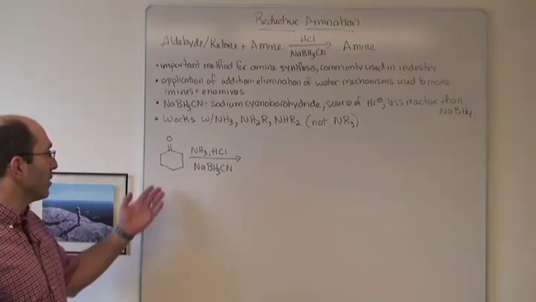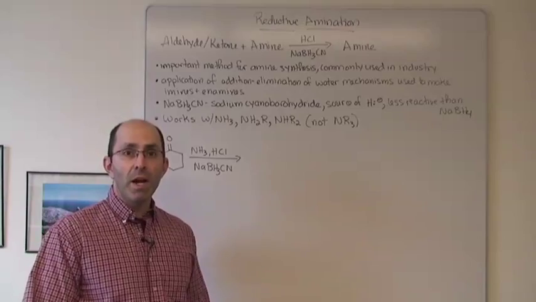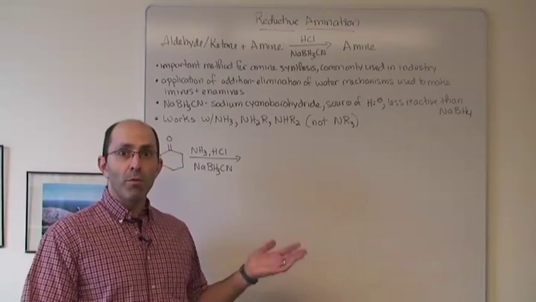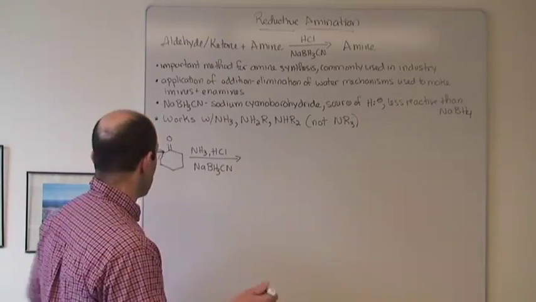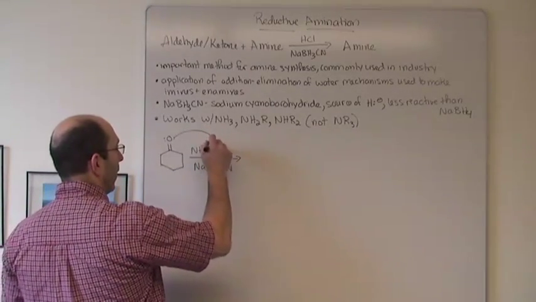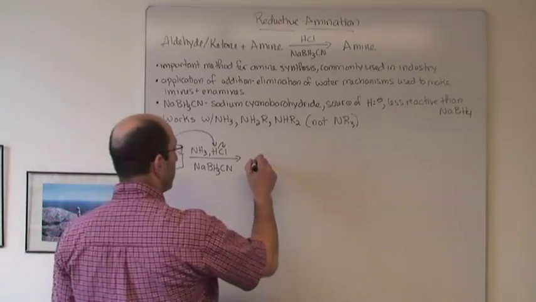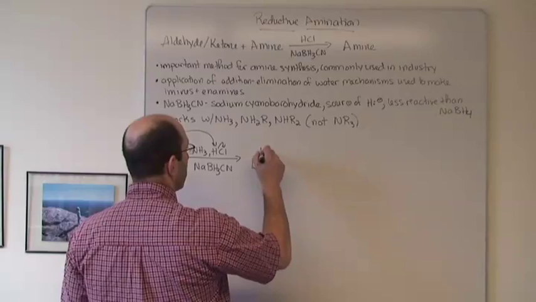So let's start by doing a reaction with ammonia to make sure we're clear on the entire mechanism. Then we'll do an overview, and then we'll do a synthesis problem. So thinking about the mechanism, as always, when we have acid and a carbonyl, we're going to protonate the carbonyl first to activate it.